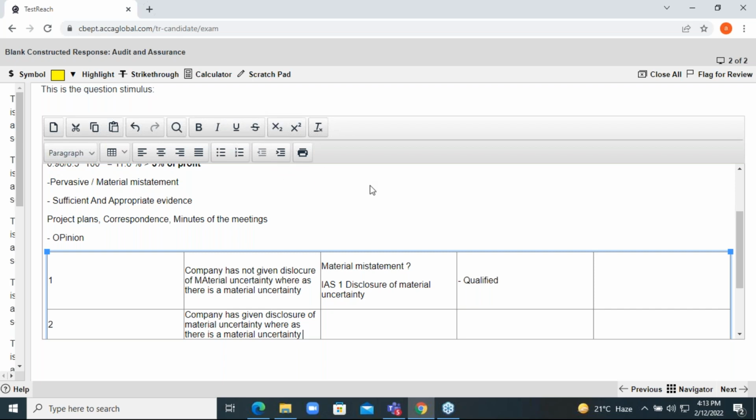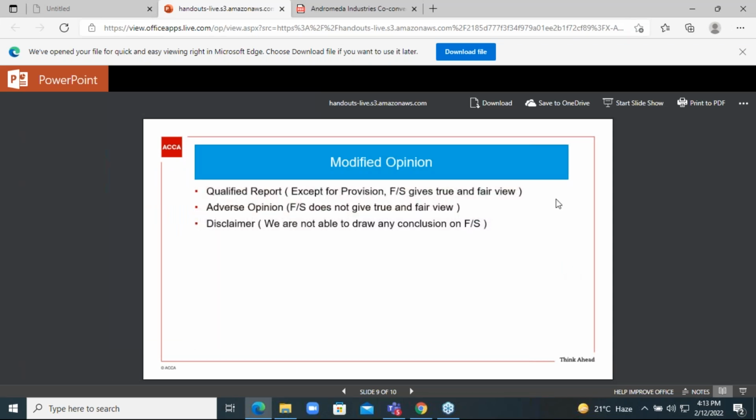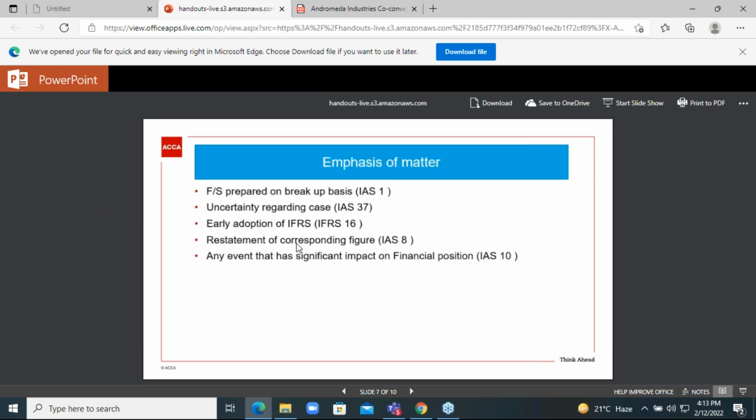Now, all the students who are claiming that this issue will be dealt with in the emphasis of matter paragraph, this is not an issue of the emphasis of matter paragraph. If we go back, this is the emphasis of matter paragraph. The point related to going concern is financial statements prepared on a breakup basis, which is not the point here.